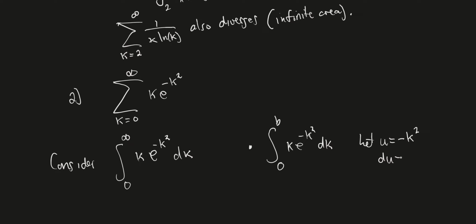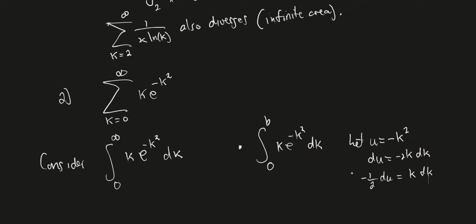Therefore, du is negative 2k times dk. So in this case, I don't have a negative 2 in the problem like I do in the differential. And of course, we have a way of handling that. So we're going to divide both sides by negative 2. And now the differentials match up. So our k differential is equal to this u differential.